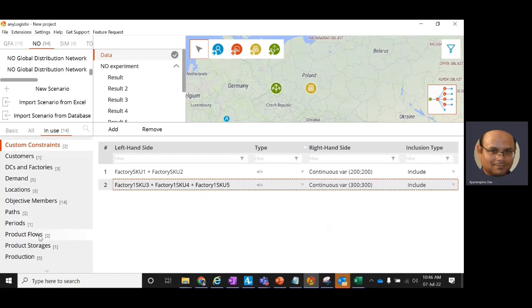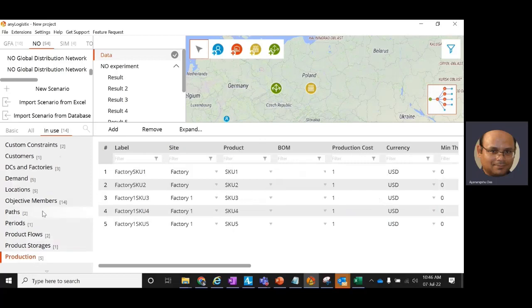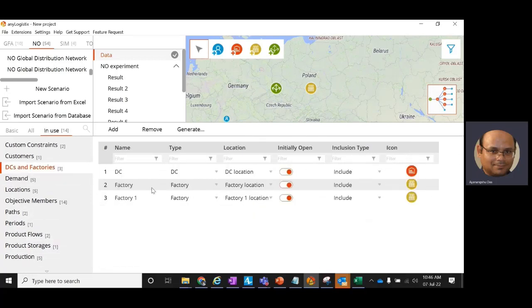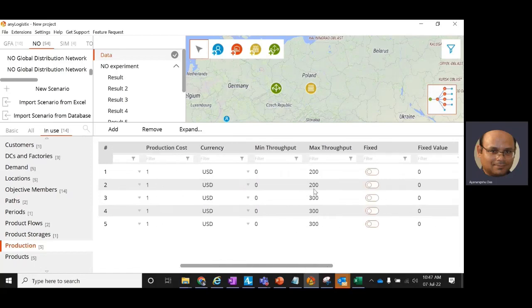Again, we will have a look at what we did just now before running the experiment. Essentially, we added 3 new SKUs. We added a factory, and then we specified that factory's location as Poland. In the production table, we said that these 3 new SKUs are being manufactured in this factory, and we have labeled them. Also, we have said that the factory's total maximum throughput is 300.